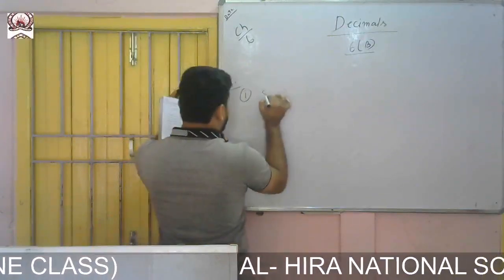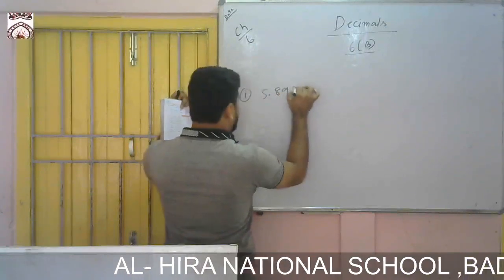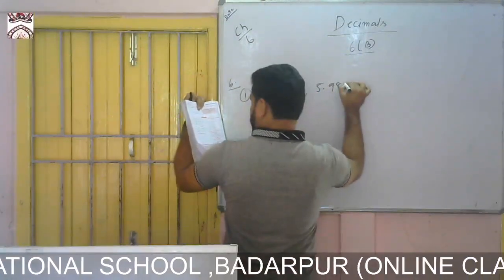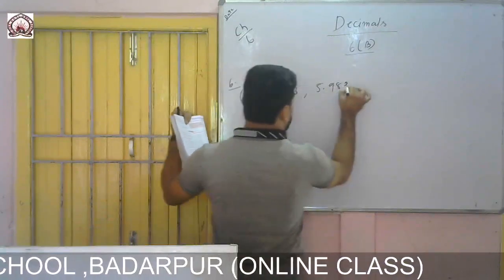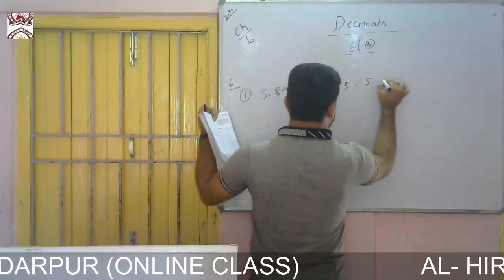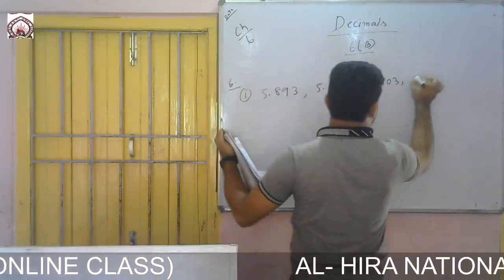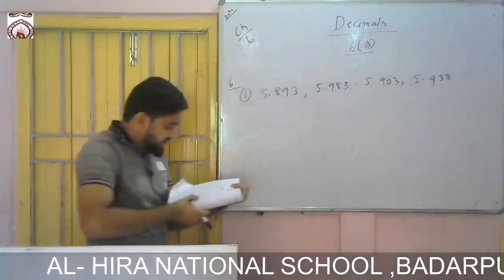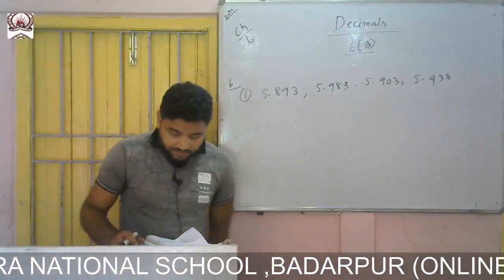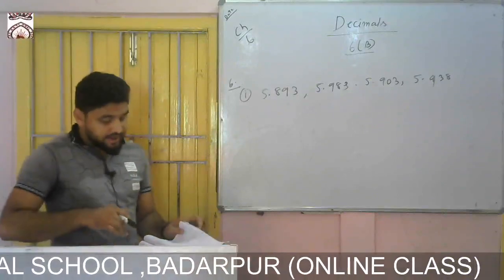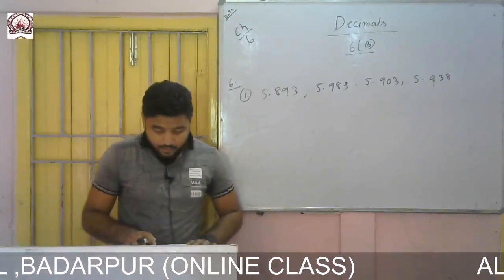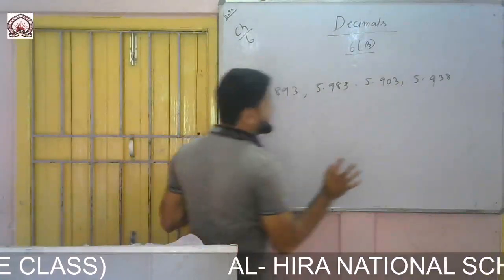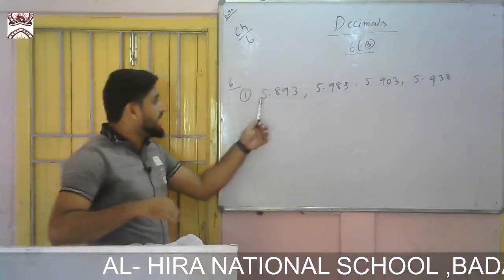Like question number 5, you have to compare 5.983, 5.893, 5.903, and 5.938. As earlier, you see all the integral parts are the same.